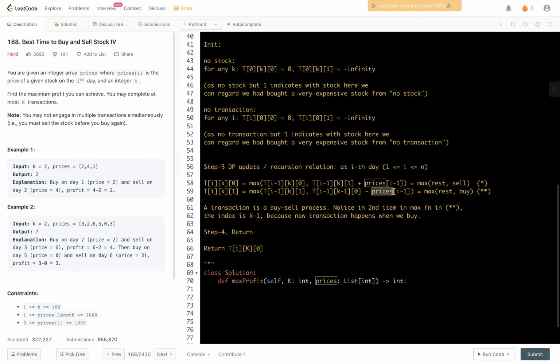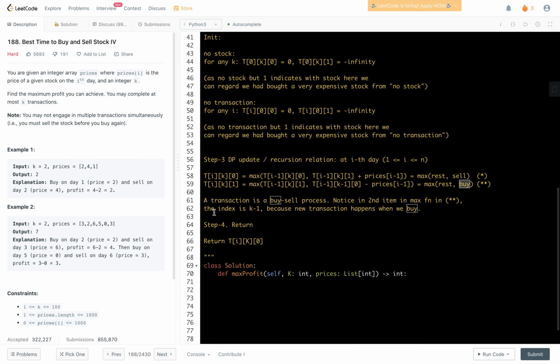So here we write k minus 1. Up to day i minus 1, we allow at most k minus 1 transactions. Then, because we buy stock, we subtract the price on day i. So this is equation 2. In other words, the maximum profit at the end of day i with stock is either from rest or from buying. That is the DP update rule.